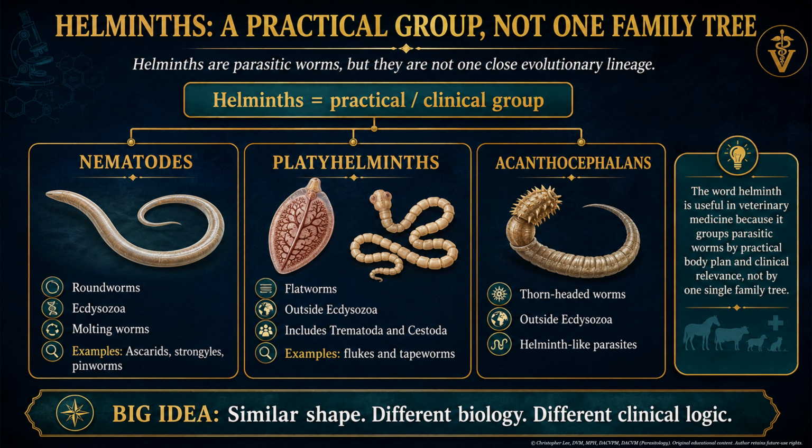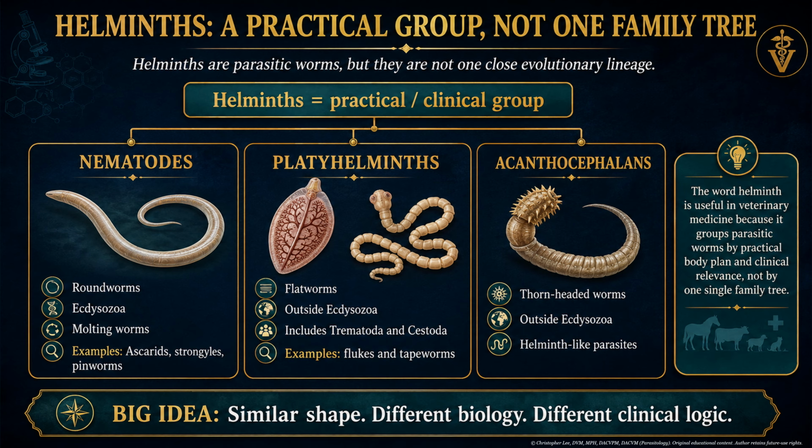Before we go deeper into worms, we need to pause on the word helminth. Helminth is a practical clinical term for parasitic worms, but it is not one tidy evolutionary family tree. Nematodes are roundworms, and they belong within Ecdysozoa. Platyhelminths are flatworms, including flukes and tapeworms, and they sit outside Ecdysozoa.